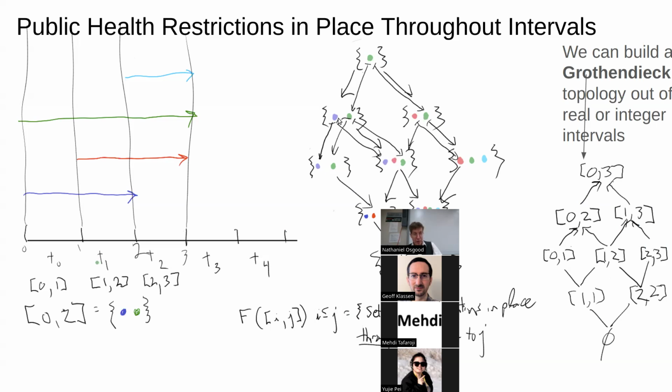Similarly, for all public health restrictions in place for the entirety of the time between 0 to 2, they have to have been in place from time 0 to 1, and they have to have been in place between 1 to 2. So this needs to be a restricted subset of these that are shared, in common here.